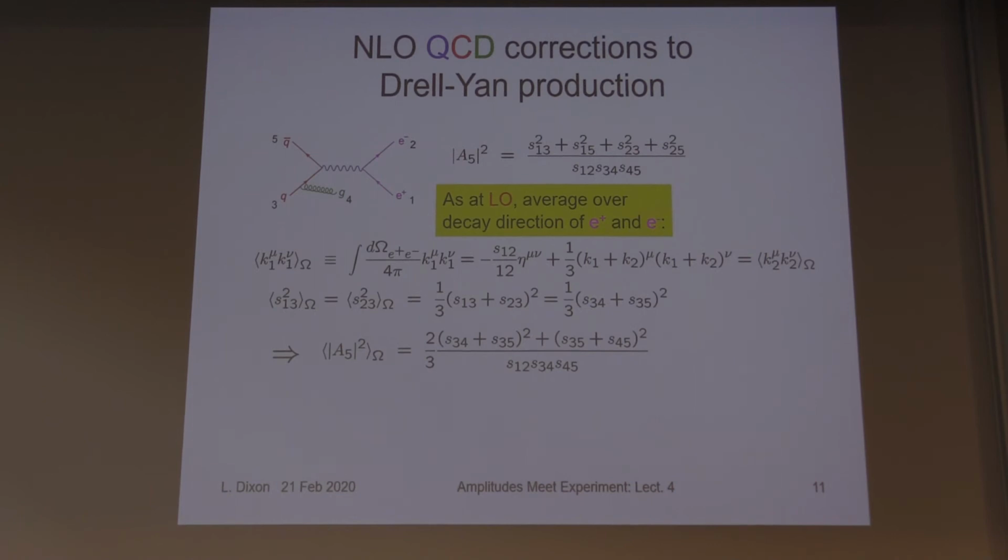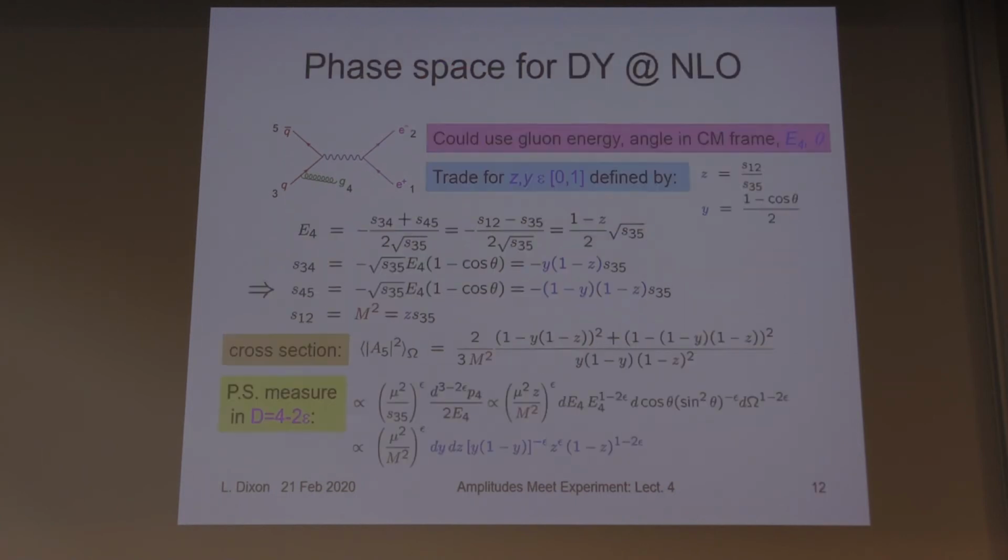Okay, so now we've reduced things so that the only variables that we have to worry about integrating over are S34, S45, and S35. So we really have only a 2-dimensional phase space. There's some azimuthal angle that doesn't matter.